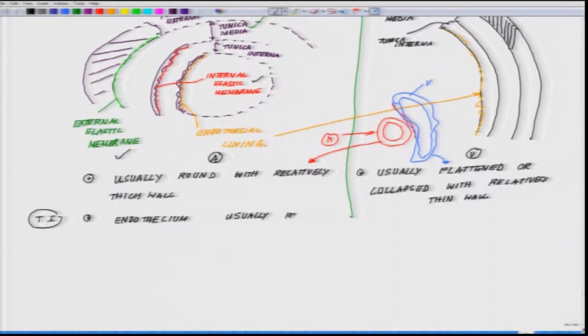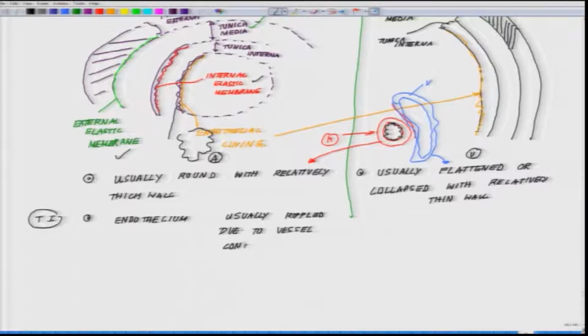You can see the rippling out here, right? So essentially this structure is a rippled structure. And why are the vessels constricted?